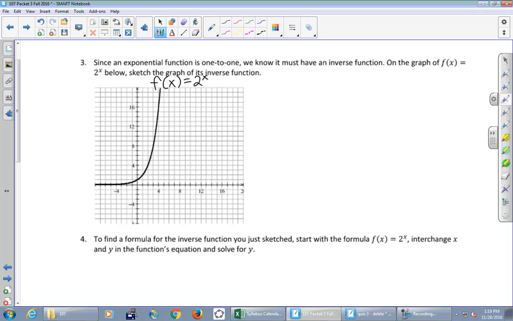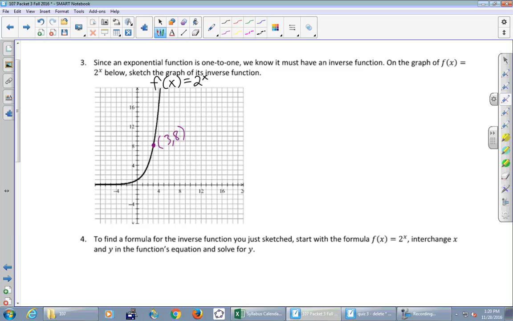We graph the inverse function by just reversing x's and y's, right? So, for example, we talked about the point right here. This point right here is what, comma what? 3, comma 8.